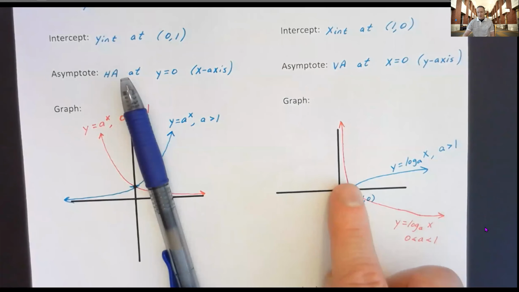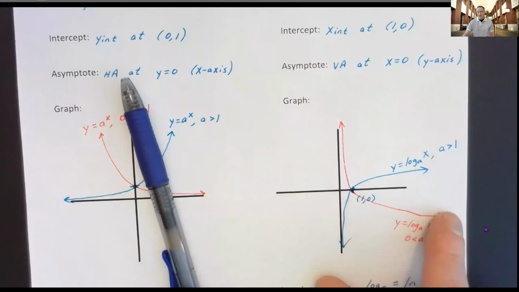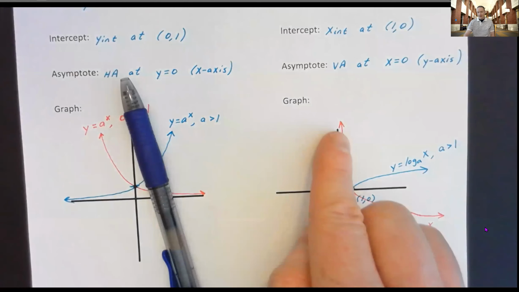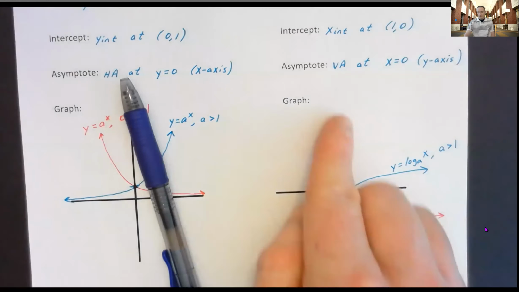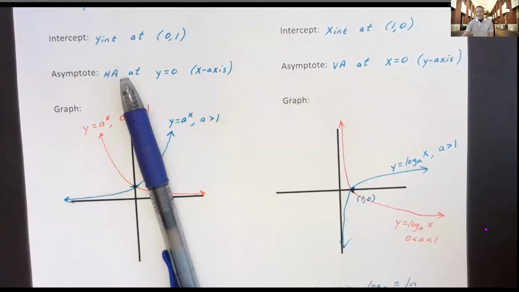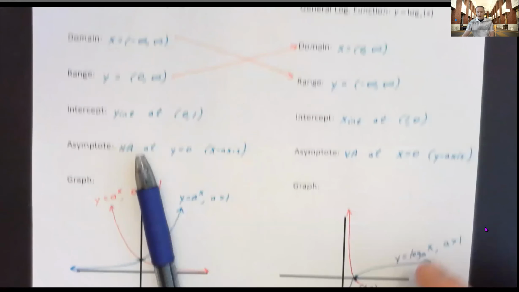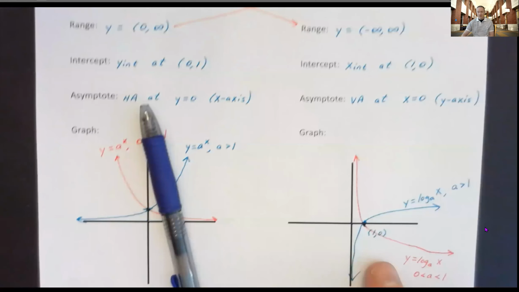As x increases, y is going to go to -infinity slowly, and it's going to asymptotically approach the y-axis as x approaches 0. It's going to go up to +infinity. Now, that's if the value of a is some decimal between 0 and 1.